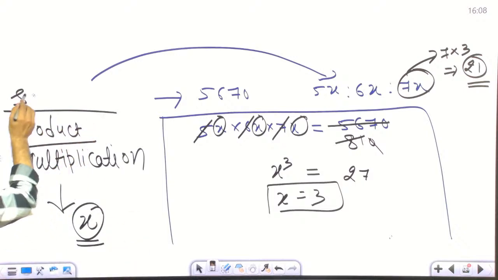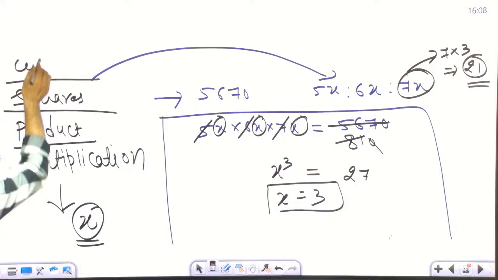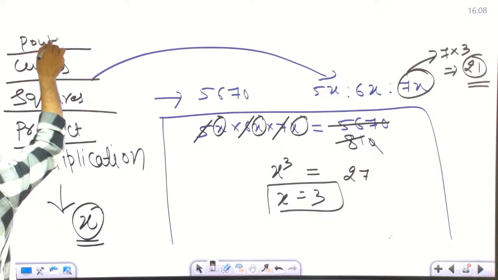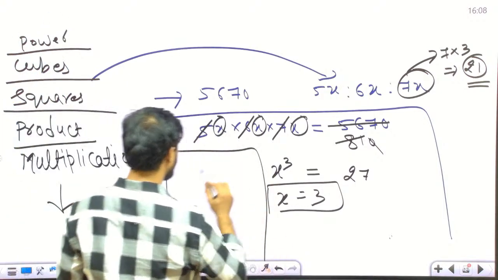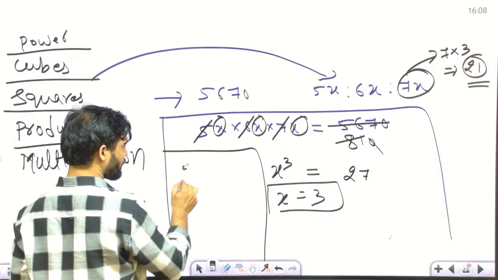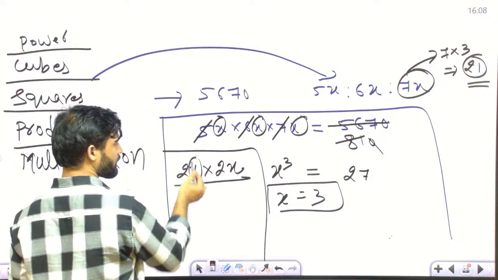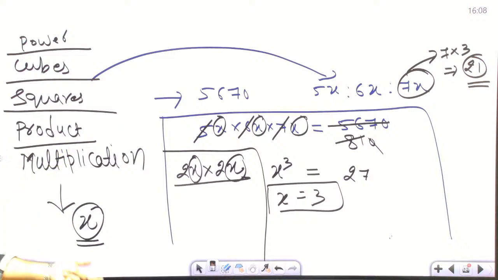And add one more: in cases of squares, cubes, or any power. Why am I taking powers now? Because if I do the square of 2x, then it is 2x into 2x, and there is a multiplication of x. If I do the cube of 2x, then 2x into 2x into 2x.